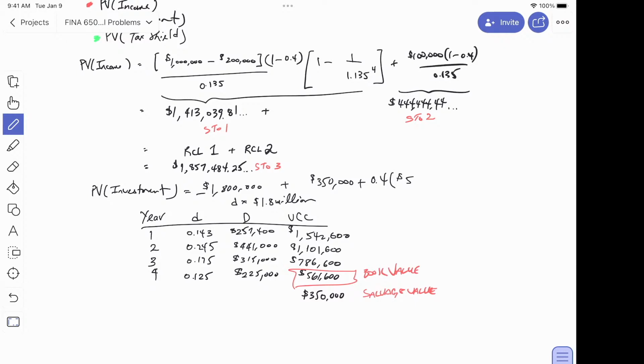Okay, so then the book value was 561,600. So basically the difference here, which is 211,600, times 0.4, and then you discount that because that happens in year 4.